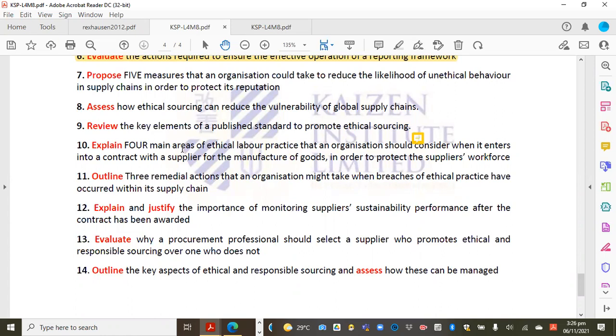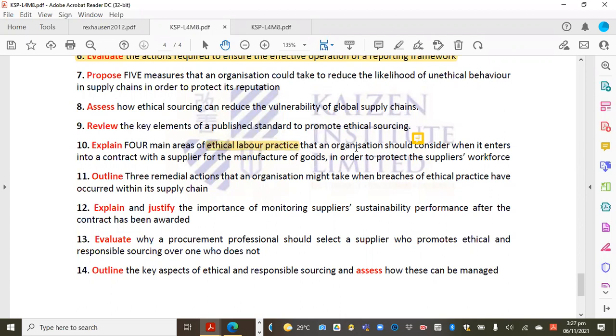Then explain 4 main areas of ethical labor practice that an organization should consider when it enters into a contract with a supplier. And here, you can just use ETI, the 4 main areas of ethical labor practice. You see here, you've been restricted to workers' rights, labor practice.